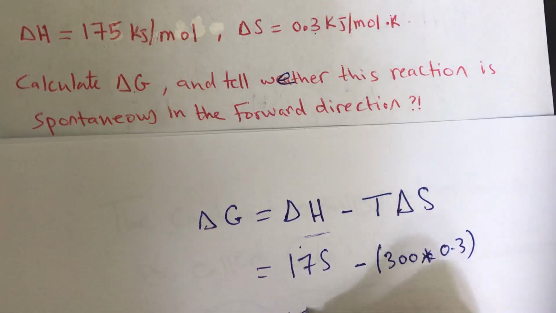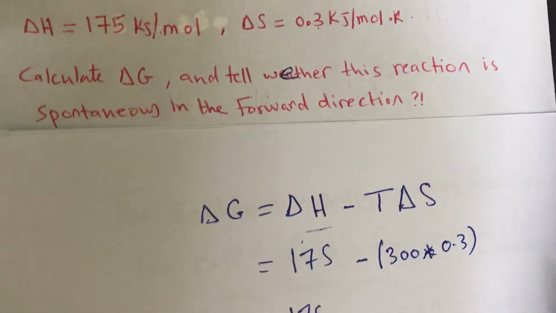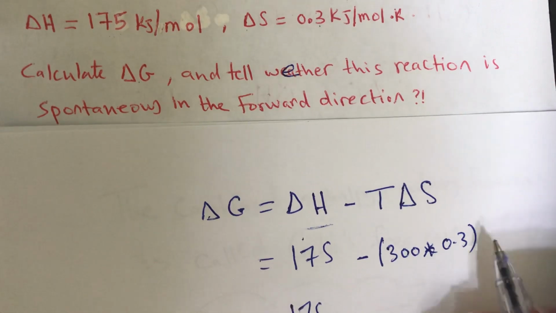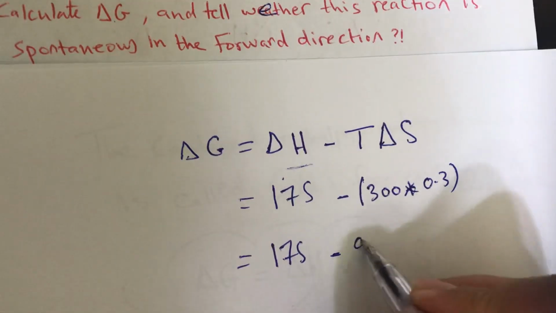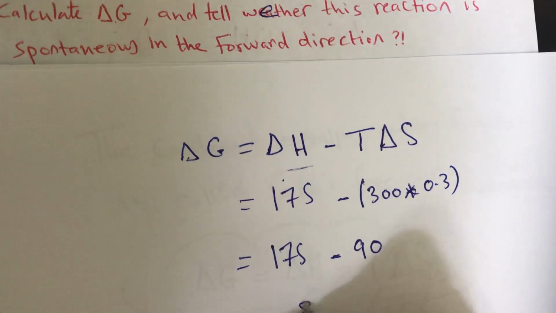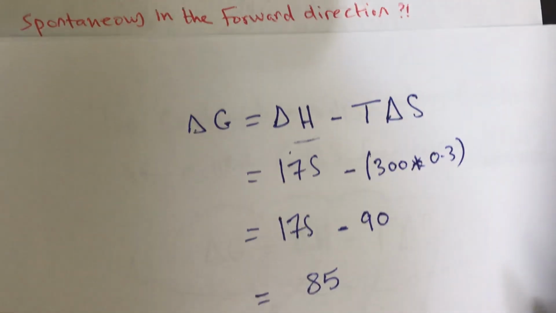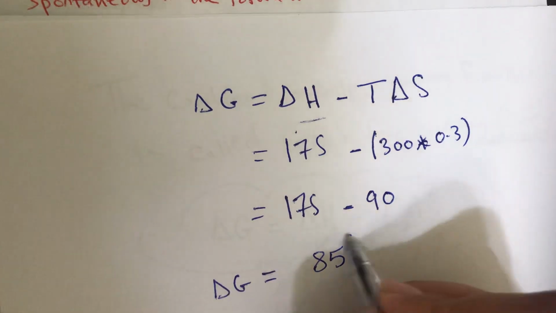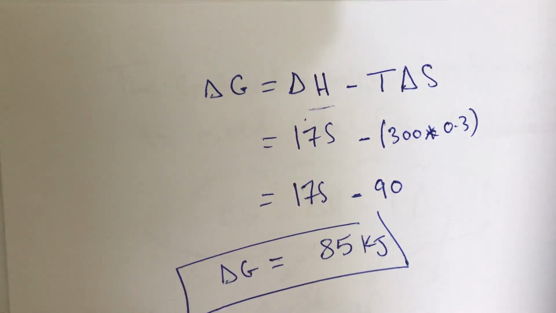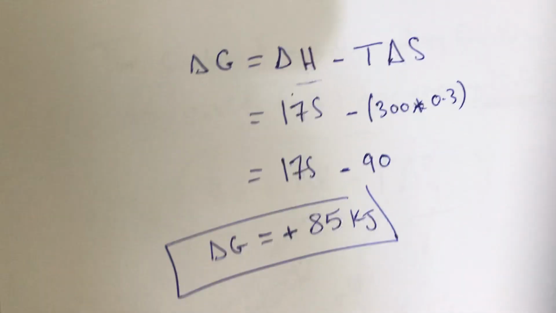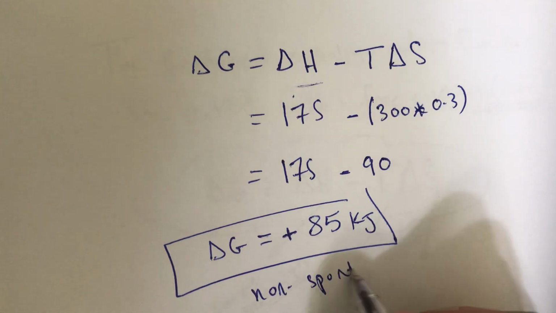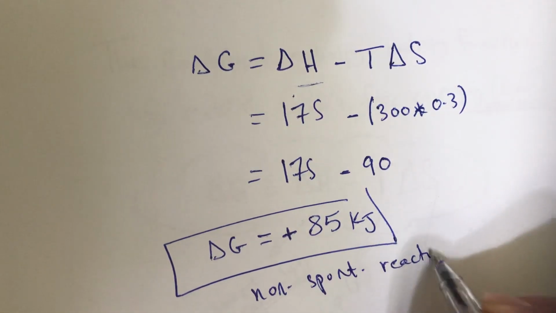Which is equal to 175 minus 300 times 0.3, which equals 90. So which is equal to 85. So delta G equals 85 kilojoules. It's positive, so it's a non-spontaneous reaction.